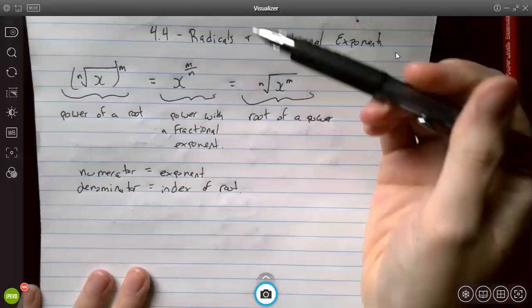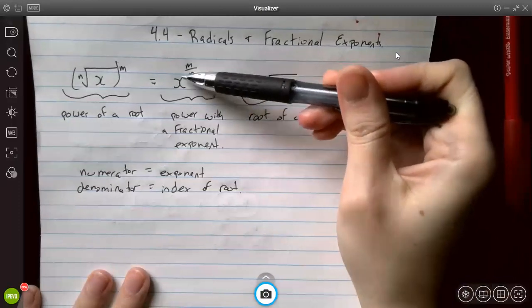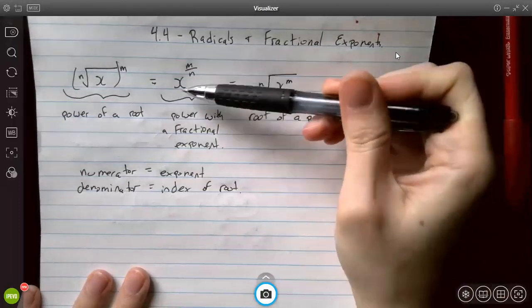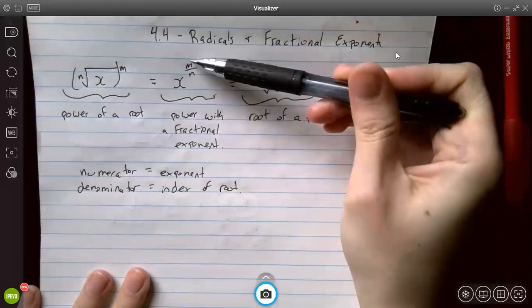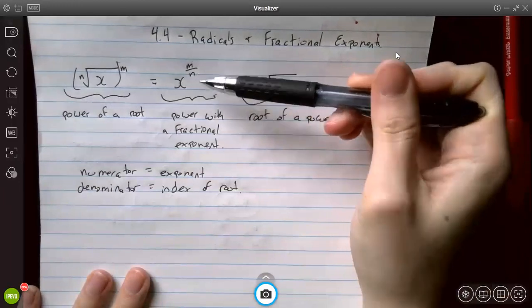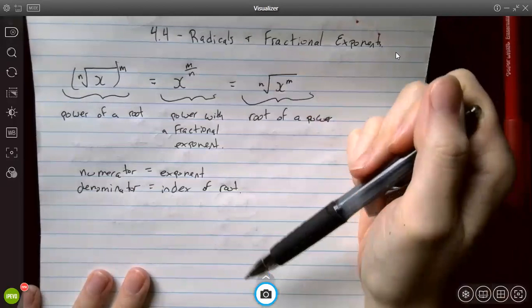And so a fractional exponent is just anytime your exponent of a power is a fraction. So for example, here we've got a power, this is our base, this is our exponent, and our exponent is a fraction. Now we can convert that into two different types of radicals.